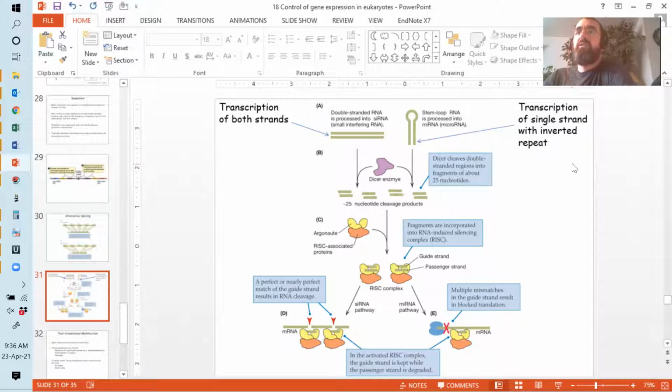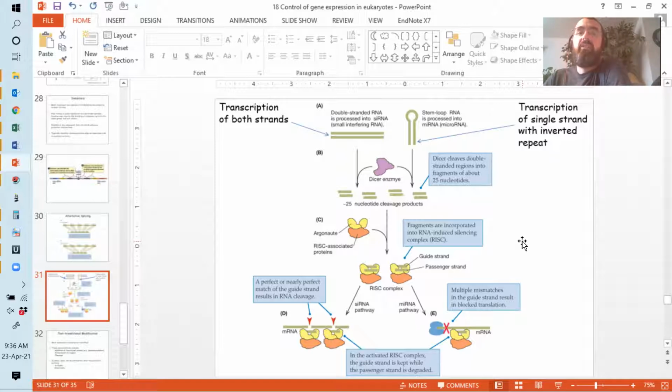Essentially there are two different entry paths into it, and two different outcomes. But essentially what we want to do is, in a very targeted manner, degrade mRNA, or we want to silence that mRNA so it's not used for translation.